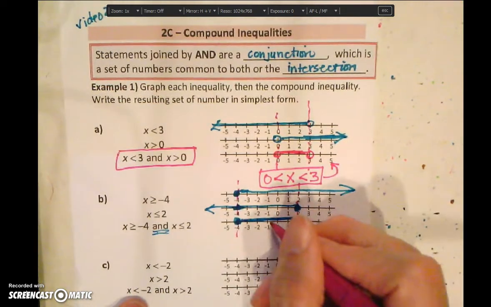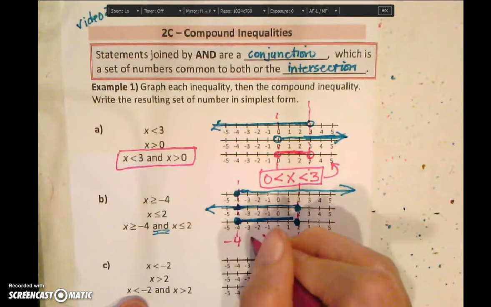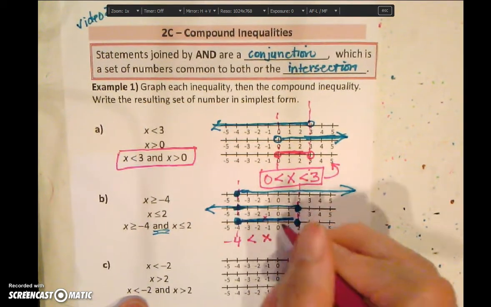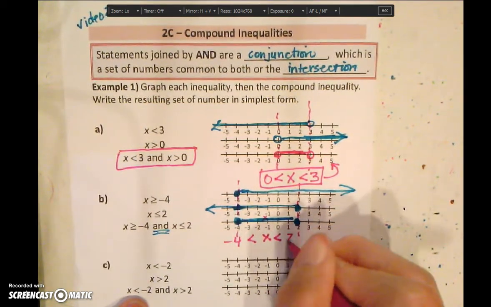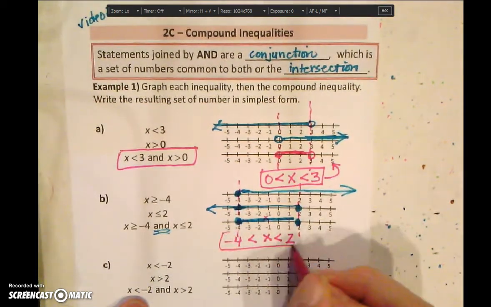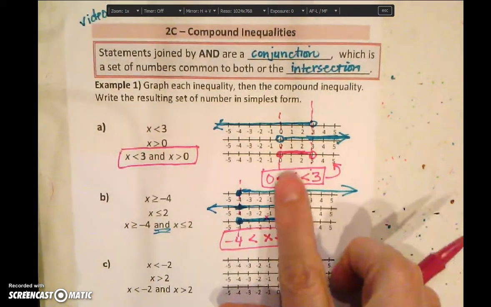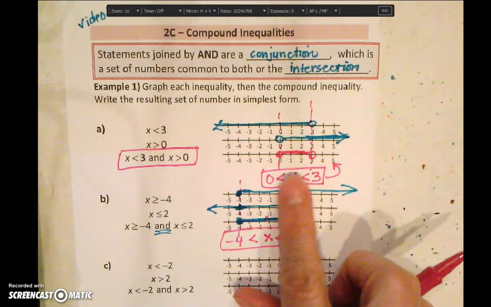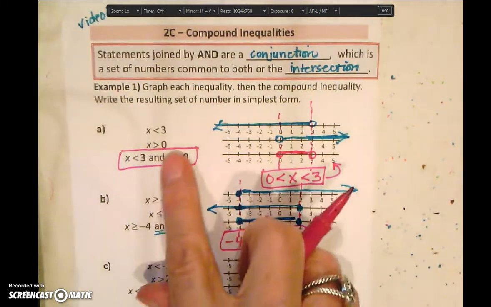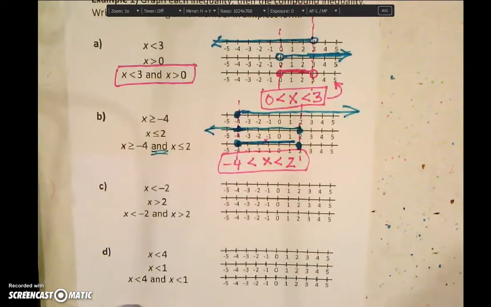So my answer, which are the x's, -4 is less than the x's, which are these, is less than 2. And that's going to be my solution for that problem. All right, it makes you think that your inequalities are always going to look like this for these and problems. Let's try a different one.